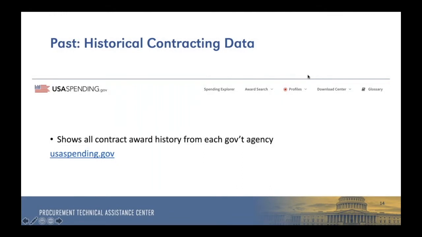So there is this database called FPDS, and USA spending is a good interface where you can just go in, click, and find what you're looking for.